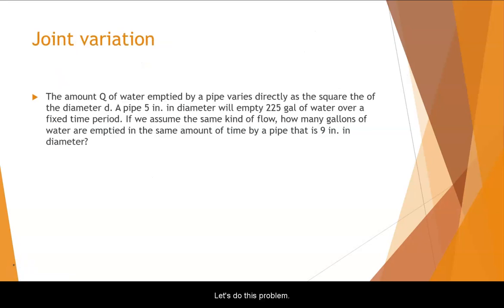Let's do this problem. The amount Q of water emptied by a pipe varies directly as the square of the diameter d of that pipe. Let me highlight some of this.